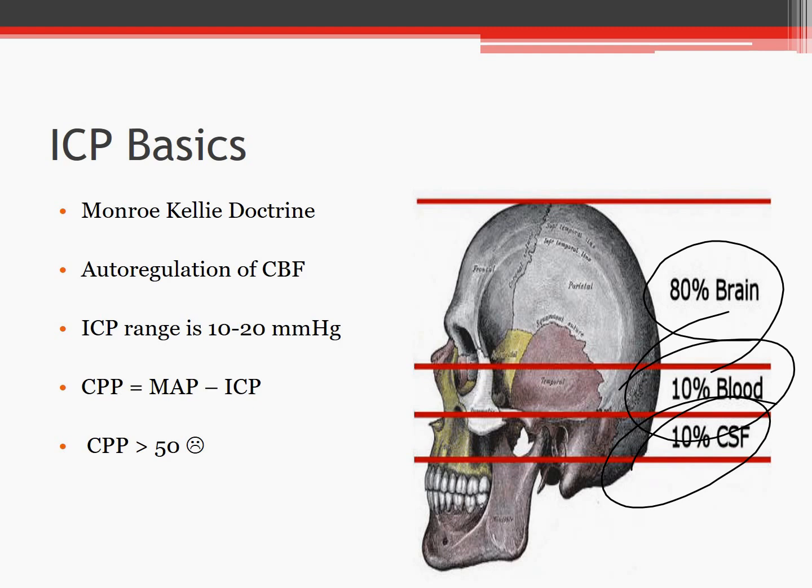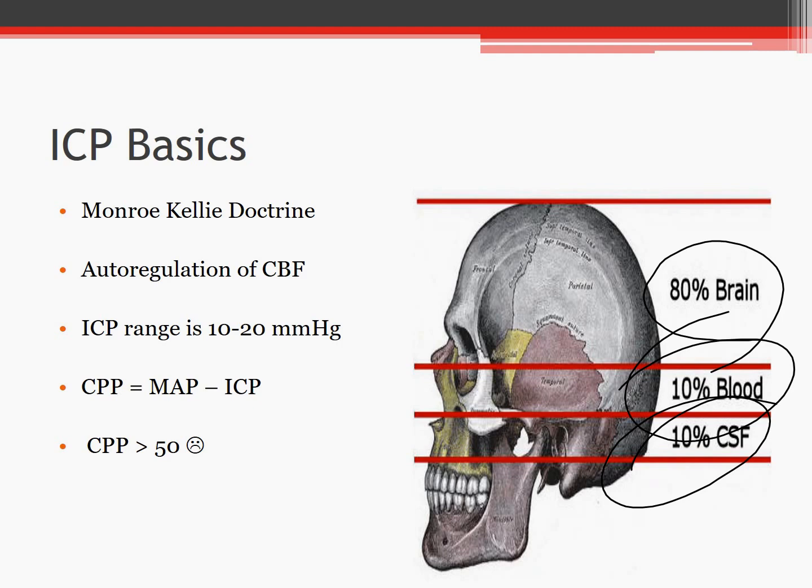But if they get out of whack and the other components cannot decrease in capacity, then you're going to have a rise in intracranial pressure. It's called increased intracranial pressure, and above 20 is considered elevated, but if it gets greater than 50, then this leads to very unfortunate incidents such as herniation of part of the brain matter.